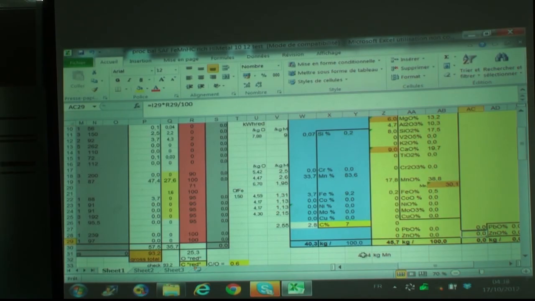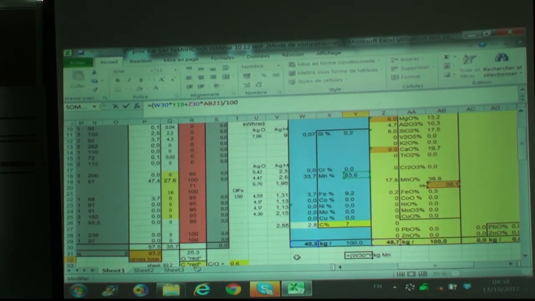What I do sometimes is a cross-checking, and you see what I have put here, but this is not necessary. It is a verification, a cross-checking of the amount of manganese.